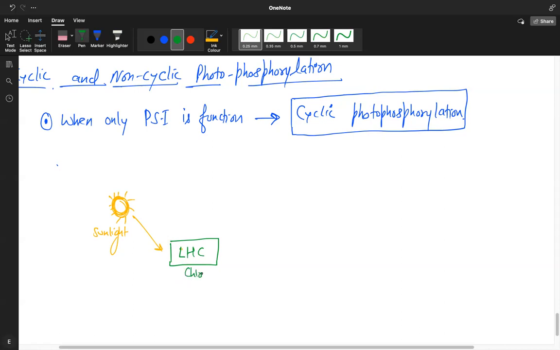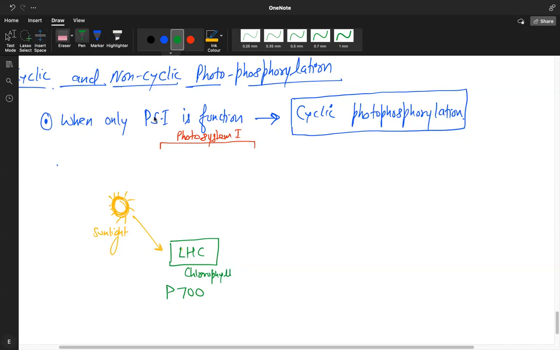It will have chlorophyll a in the center. And what will the peak be? It is photosystem 1. 700. Perfect. So I'm just mentioning it at the top. This plant just has photosystem 1, so it will be P700. So it will not get excited at 680, right? Because it has just P700.